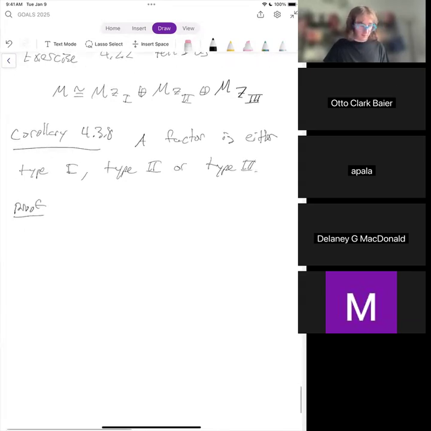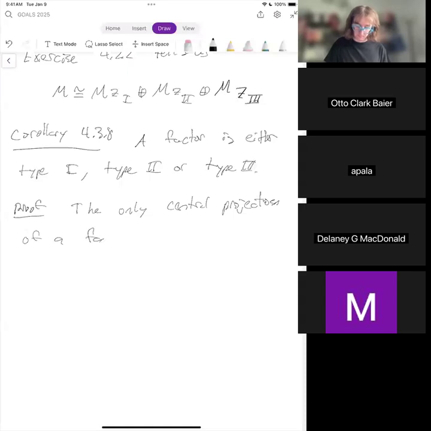And the proof of this is that, if you have trivial center, then the only central projections of a factor are 0 or 1.